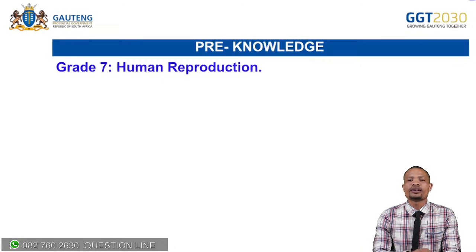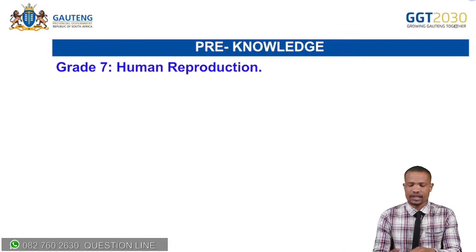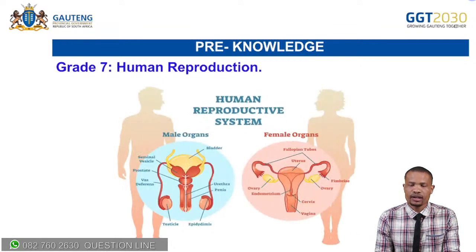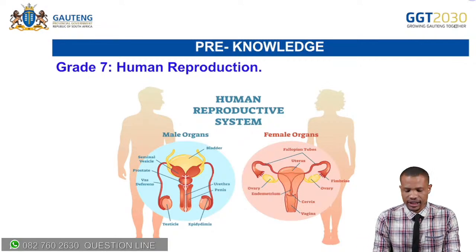They fuse in order for the continuation of a species, for fertilization so that they can continue the species. Right, so we know that in order for this to happen, we need a male and a female with healthy reproductive organs, right? And that's basically where I'm going to leave it for the grade 7 content.